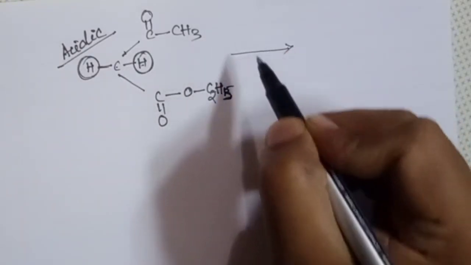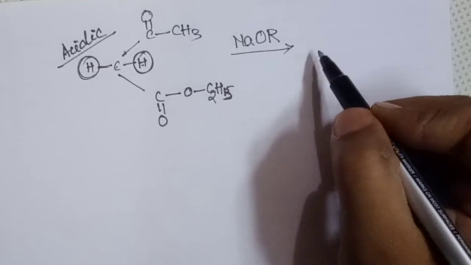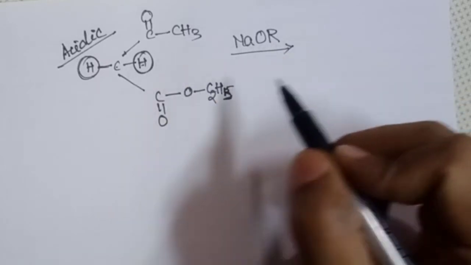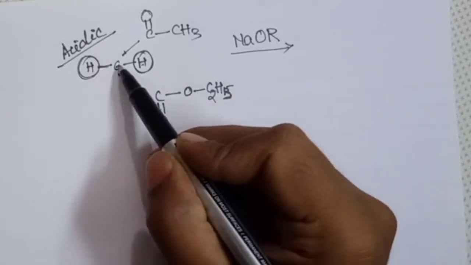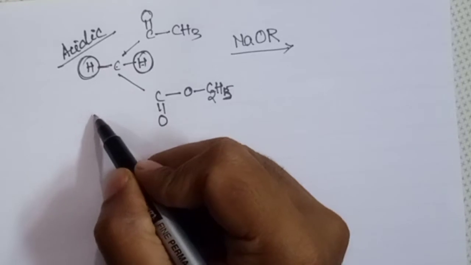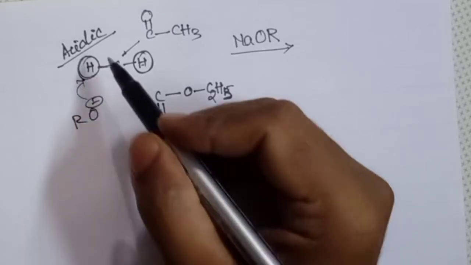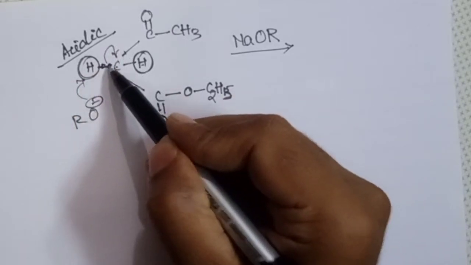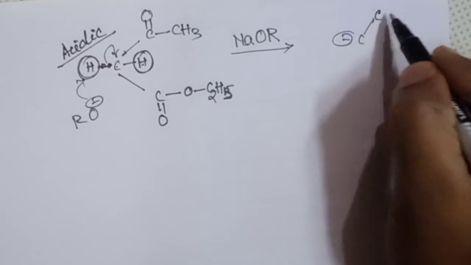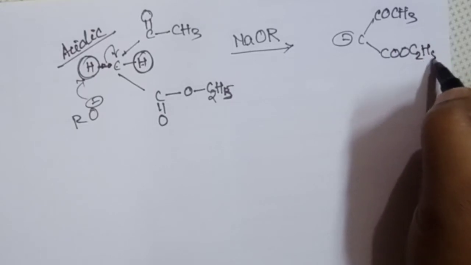By applying a base, for example NaOR, meaning sodium methoxide, on the active methylene group, it will lose the hydrogen from here, since OR minus will abstract the hydrogen, leading to breakup of the bond to the carbon, and hence it will give a carbanion in the following manner: COOC2H5.